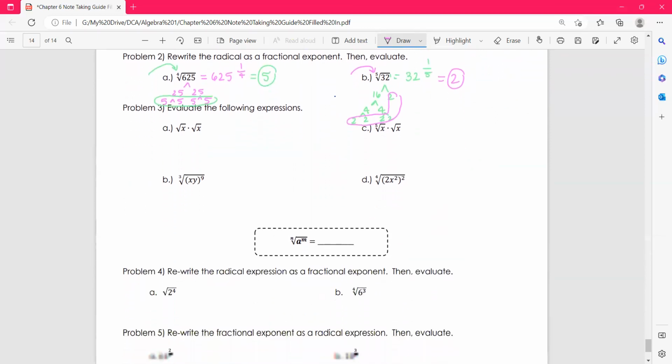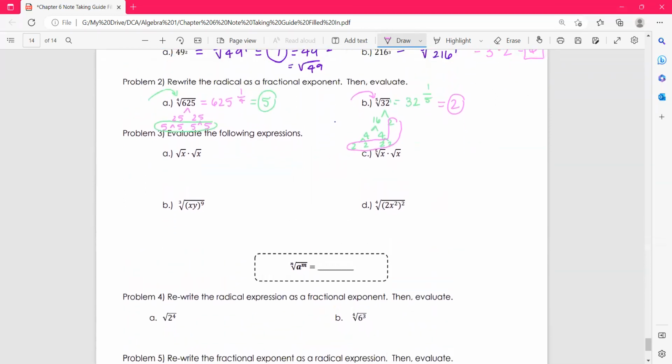Let's check out problem 3 here. Evaluate the following expressions. We can do these a couple different ways. When I see the square root of x times the square root of x, we can rewrite that as a fractional exponent. If we don't see a number in the index, it's 2. So really, this is x to the 1/2 times x to the 1/2.